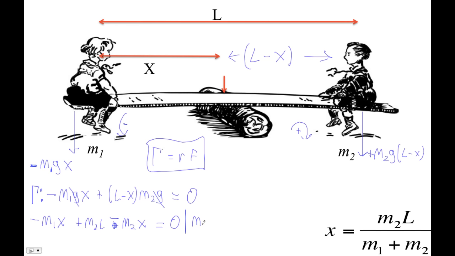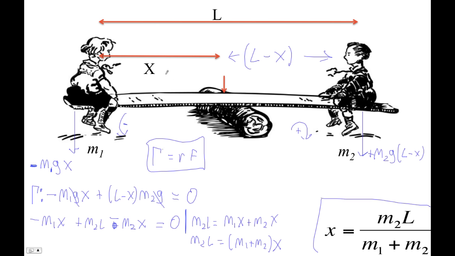So I get m2L equals m1x plus m2x. If I factor out the x, m2L is m1 plus m2 times x, and ta-da, the teeter-totter equation.